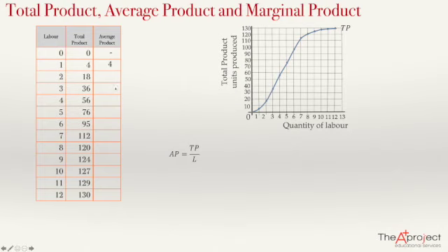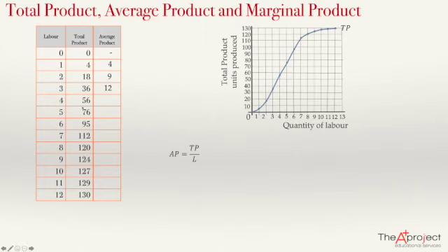But after that, when I divide 18 over 2 is 9. So this means that when I have 2 workers, these workers work in such a way that they are producing 9 units per worker. 36 over 3 is 12. So in this case, the average product is 12 units per worker. Anytime that we find the average product will be in units per worker.